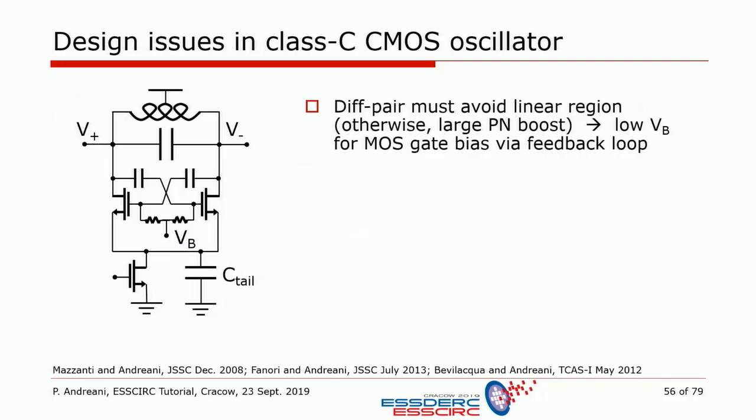There are, though, some big issues in the design of this kind of class C oscillator. To repeat, we have to avoid the differential pair entering the linear region. So what we need is to lower its DC bias so that we can still have a decently high oscillation amplitude without entering the linear region.